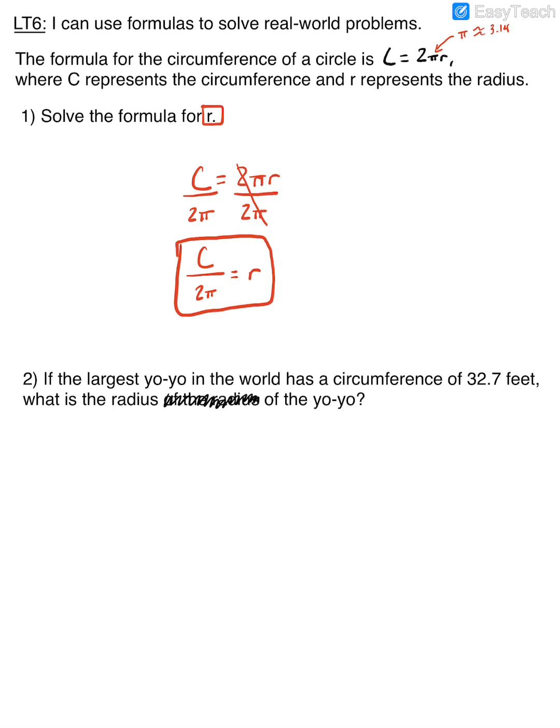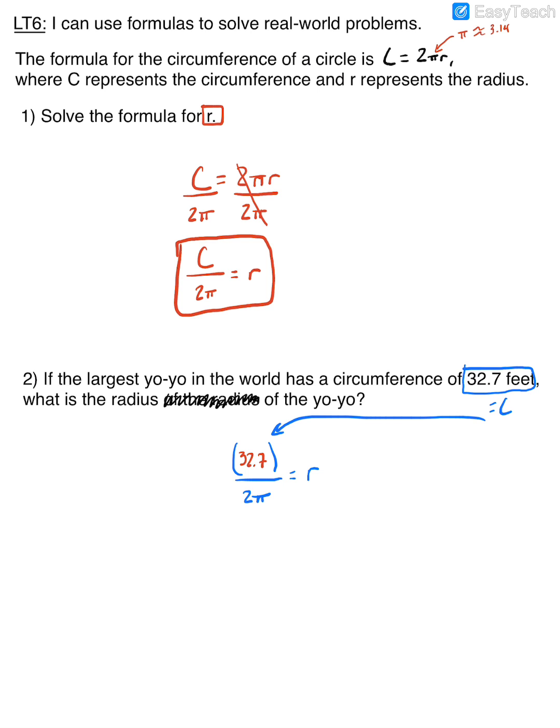So here they gave me the values of what my circumference was, and that's the only variable on the left side of C. So this is representing C. Okay. So with my equation that I have up there, I'm going to plug in that value, which is 32.7.